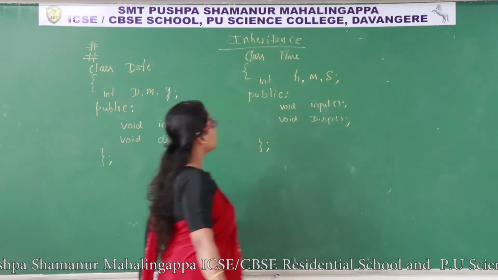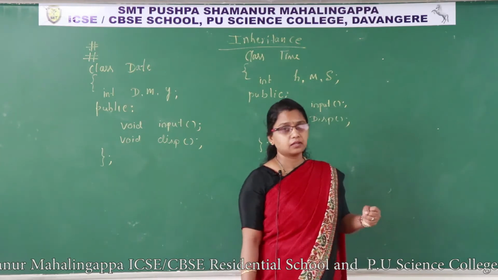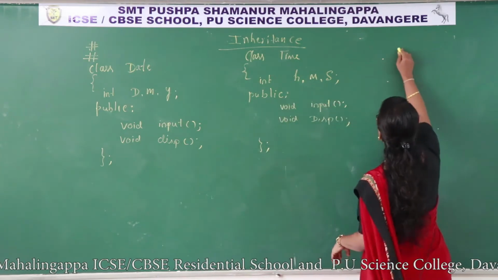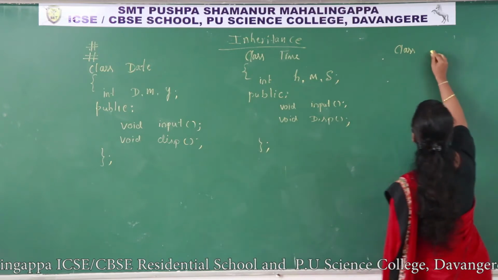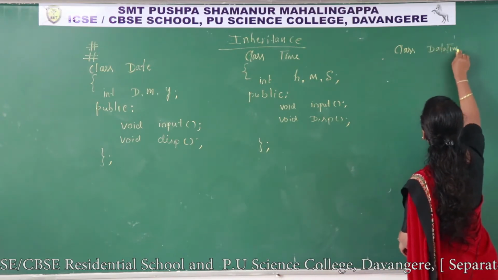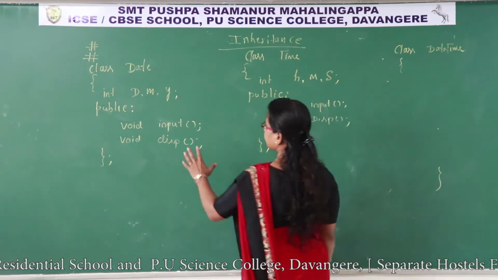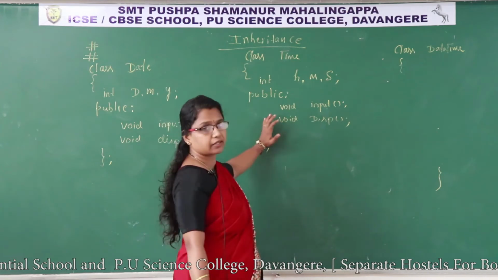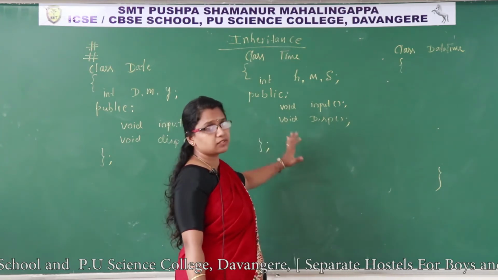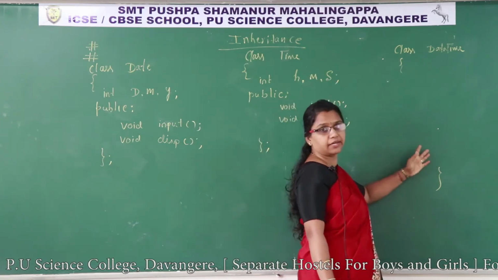If you want to get date and time from a single class, we can take another class, date time. From the date class I can access only date, from the time class I can access only time. I want to access both date and time, so I need another class, date and time.